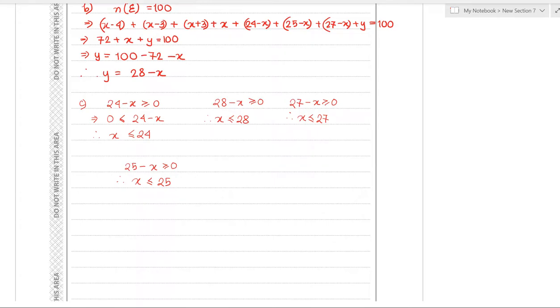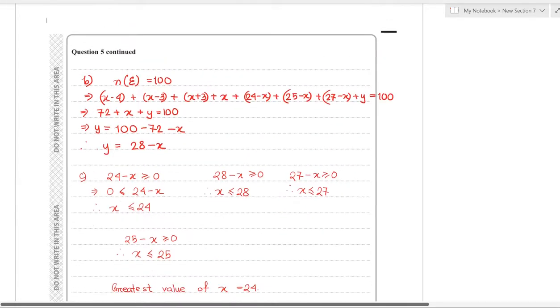So the greatest value here is 24. So the greatest value of x is 24. You can write the greatest value of x is 24. I hope part C was clear enough for you all to understand.